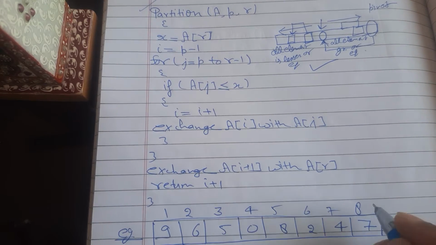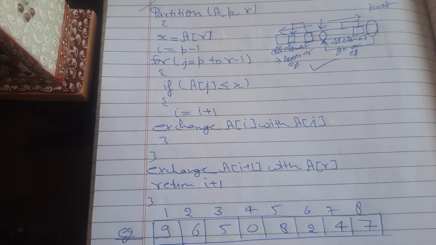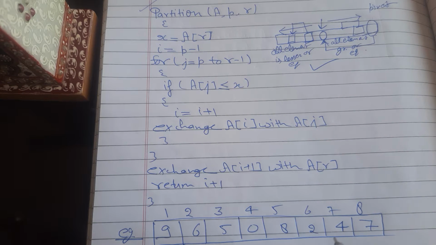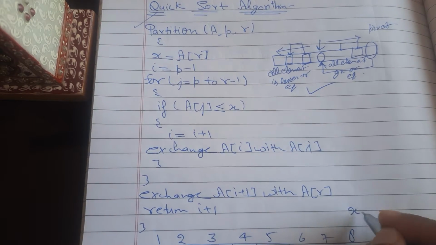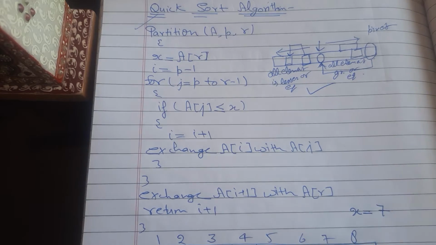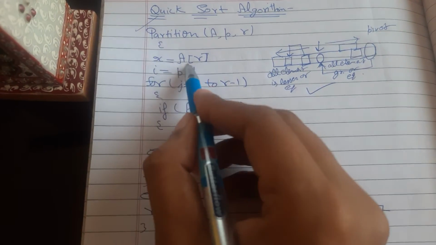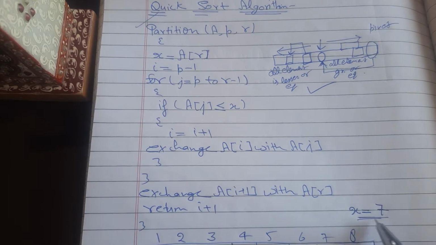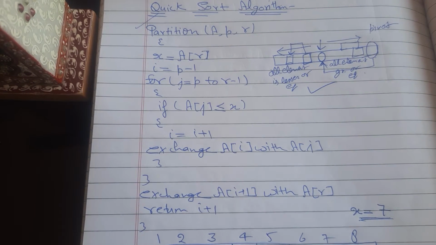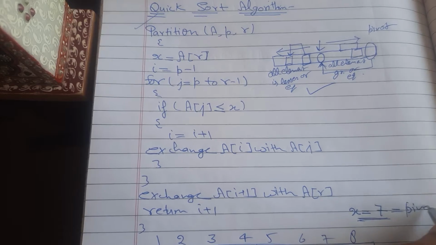In this algorithm, we choose the pivot element from the last, or you can choose the element from the right, left, or middle, or random anywhere. So we choose the pivot element x equal to 7, because x equals A of r, so we take the element x equal to 7, or we can say the pivot.